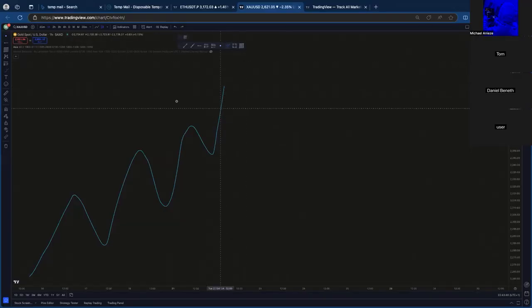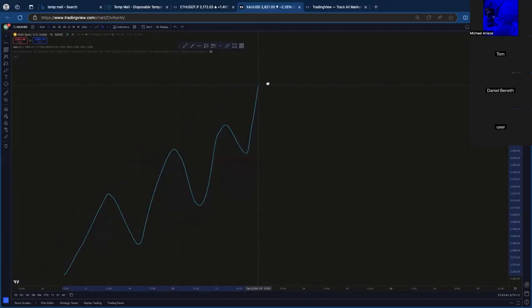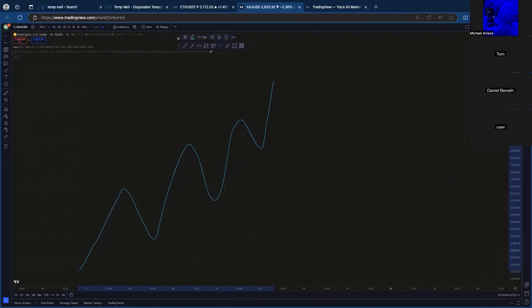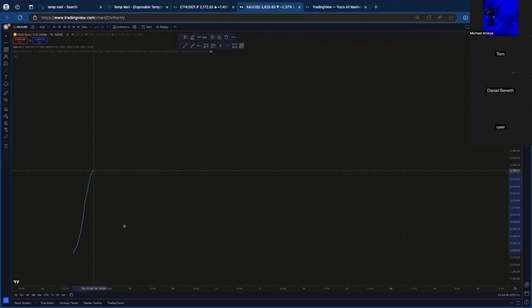So price is fractal, and I believe a lot of us know this. Now, if we have a swing high and a swing low, I told you this is a swing high, a structural high, and if this breaks structure, this would be a structural low.